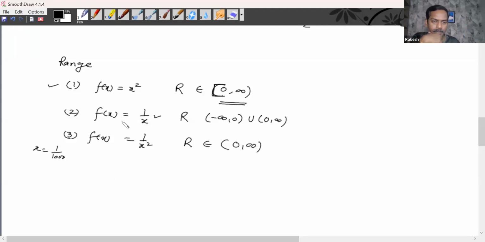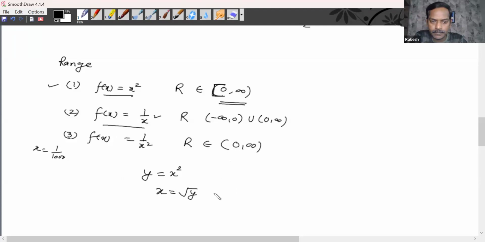For example, in this case, let me take the first question. I can take f of x, say y is equal to x. Now, for finding the range, my job is to put everything in terms of x equal to. So can I say x would be equal to under root of y?